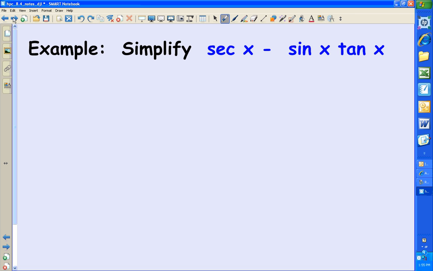So how could I rewrite secant? 1 over cos x. What about tangent of x? Sine x over cos x. Again, I am not telling you this works every time. I'm just saying we're going to take a look at this and see what happens.